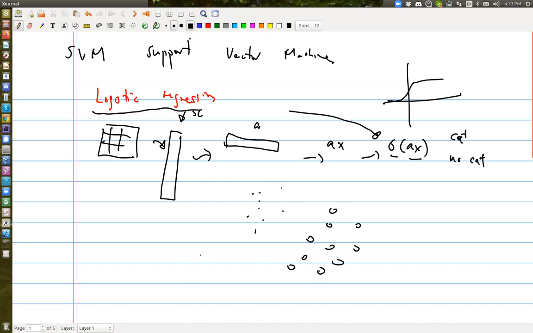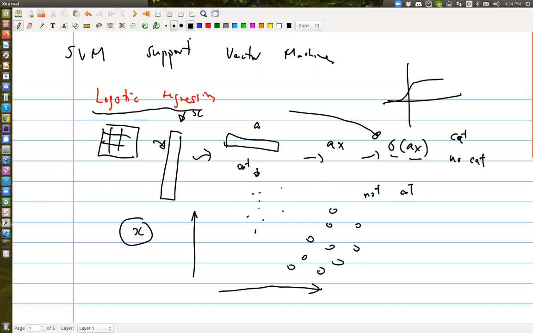Let's say this is the X space, the domain is X. In this case it's 2D, so my input is just X here, and I have different points corresponding to different instances of X. This dot here is one class, maybe this is the cat class, and this is the no cat class.